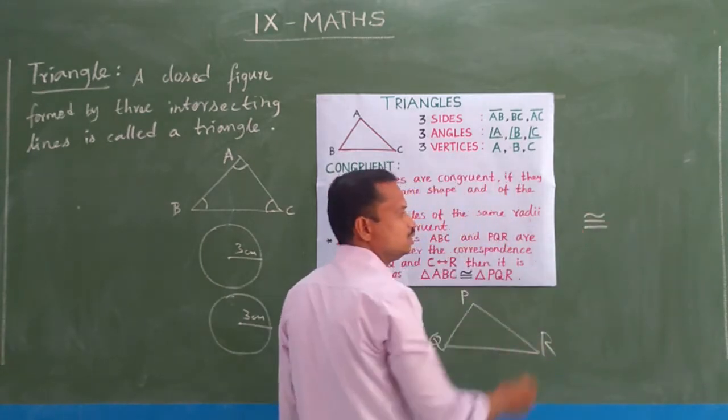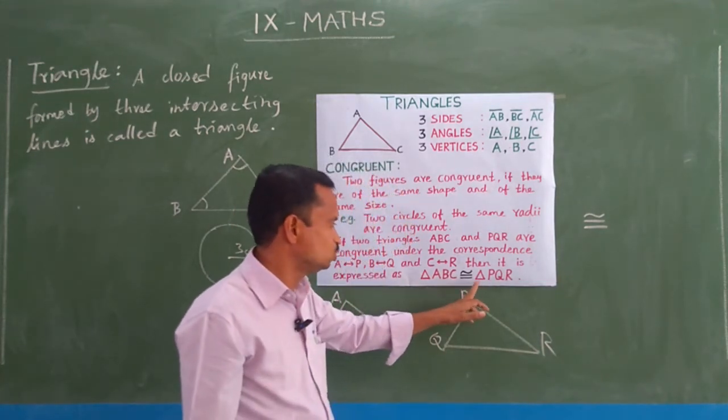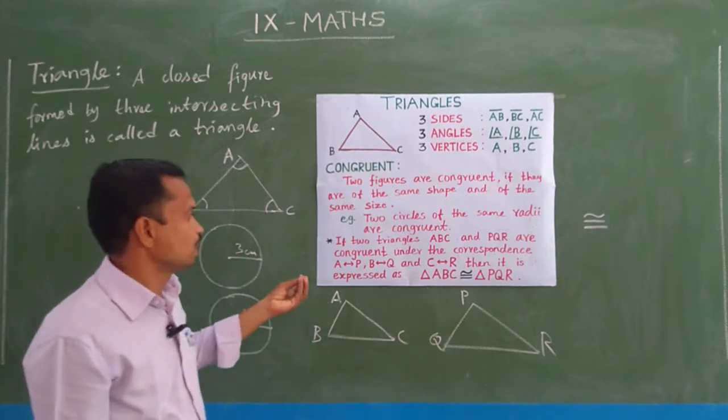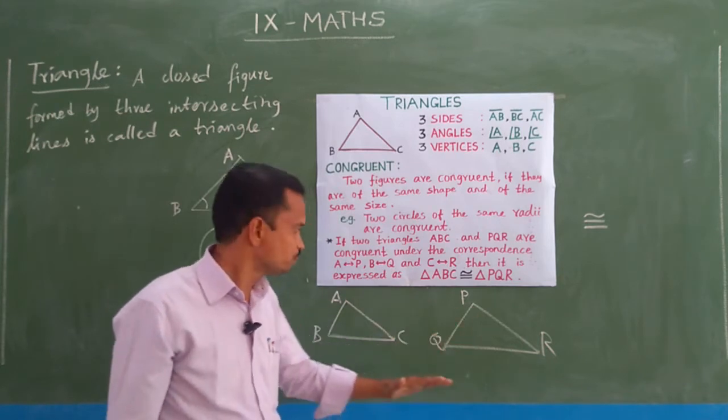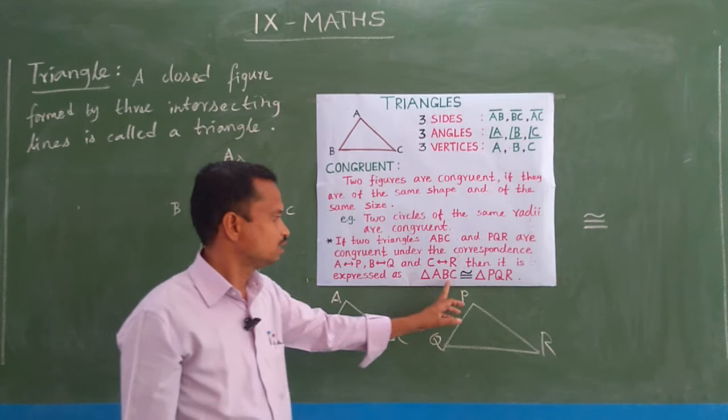This is the symbol which represents congruent. So triangle ABC is congruent to triangle PQR. Clear? So congruent triangles we have to write like this, whichever two triangles are congruent.